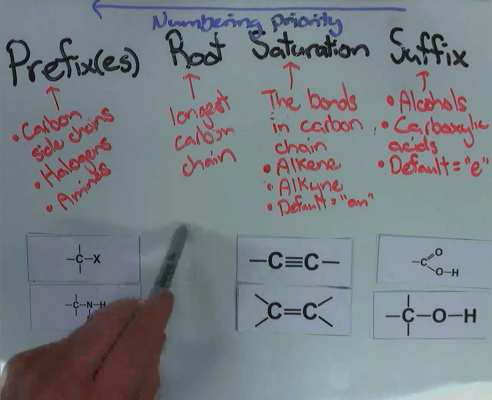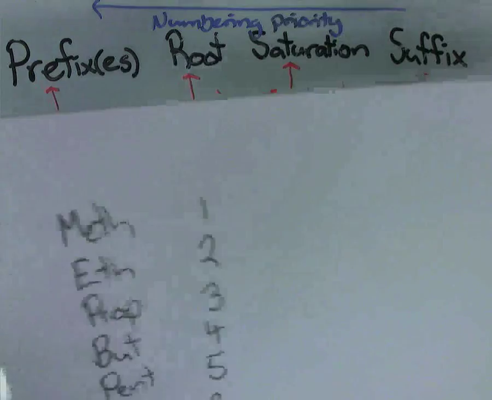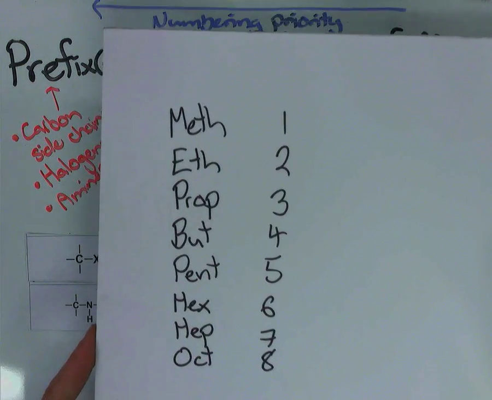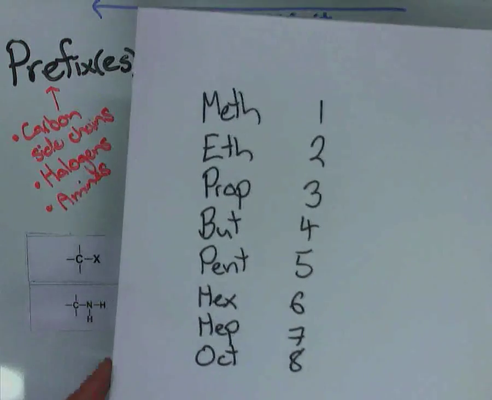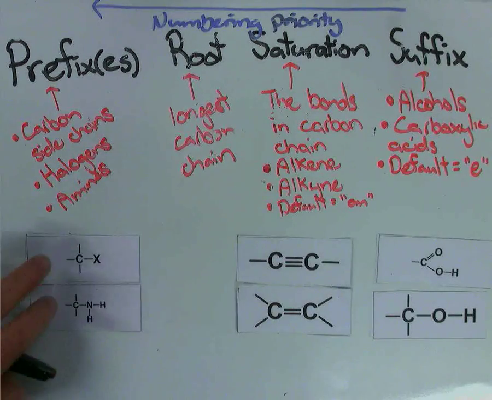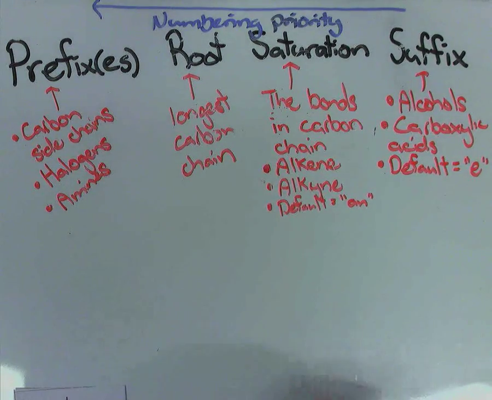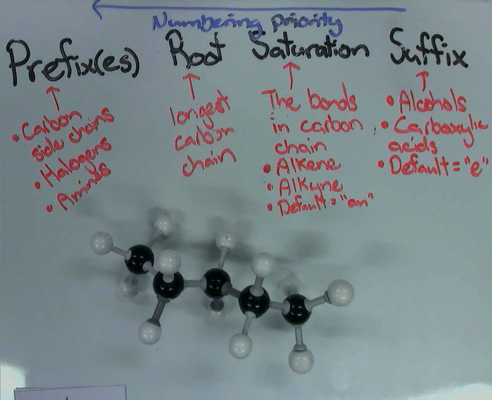There's no functional groups lined up for the roots section, because that is simply telling us how many carbons there are in the longest chain of the molecule, and we use these words to show that.